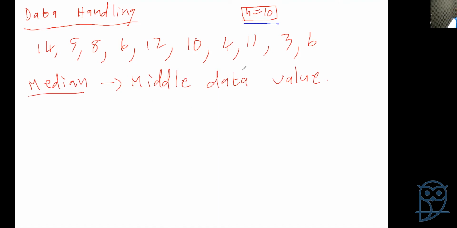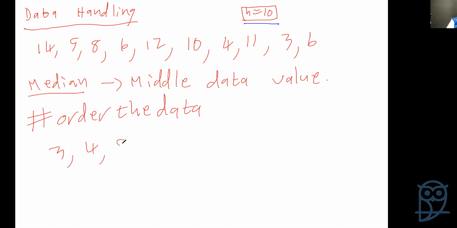All right, so if we're looking for a position in the data set, we need to very importantly order the data. All right, always order your data set. So when we order this data set, we end up with 3, 4, 5, 6, 6, 8, 10, 11, 12, 14.